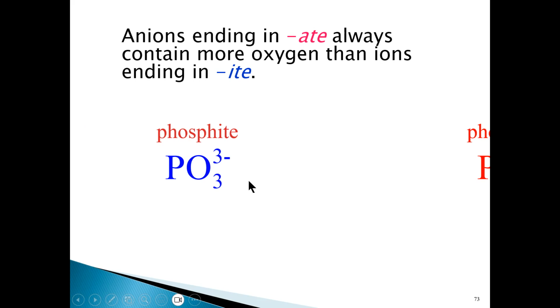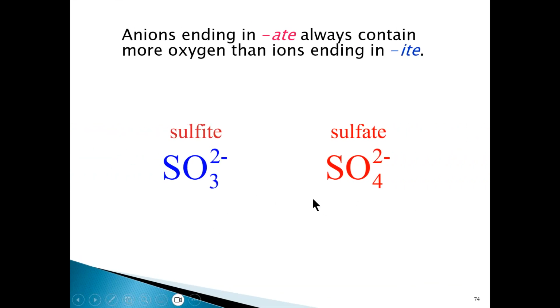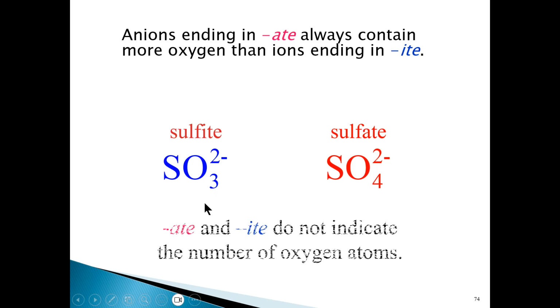And you see a similar pattern when you compare the phosphite and phosphate, right? The phosphate having one more oxygen compared to the phosphite. And you see something similar happening when you look at the comparison between the sulfate and the sulfite, all right? So basically, everything else being the same, the ATE ending ion will have one more oxygen compared to the anion which ends with ITE, all right?